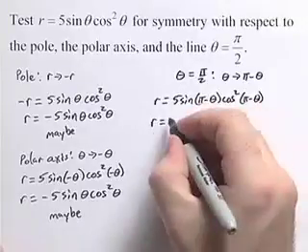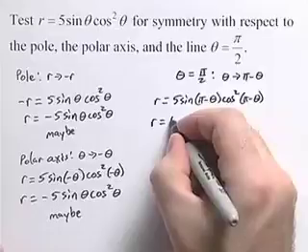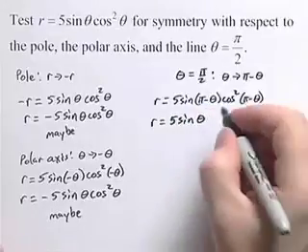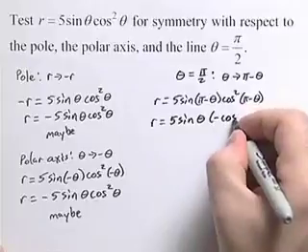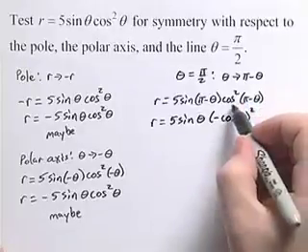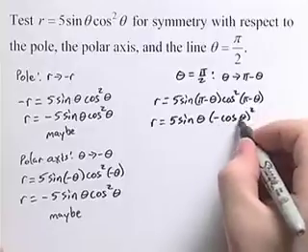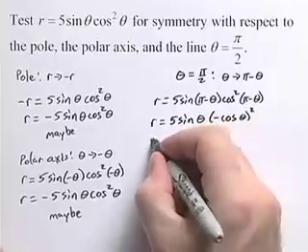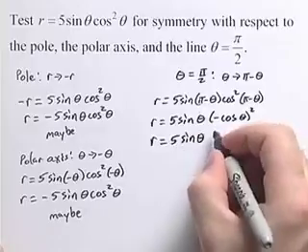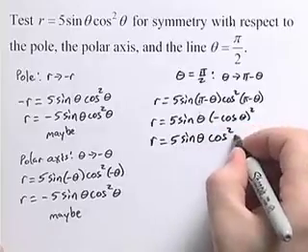This will give us r is equal to 5 times the sine of theta times negative cosine of theta, and we're going to have that quantity squared because cosine of pi minus theta is negative cosine theta. It gives us 5 sine theta times cosine squared theta.